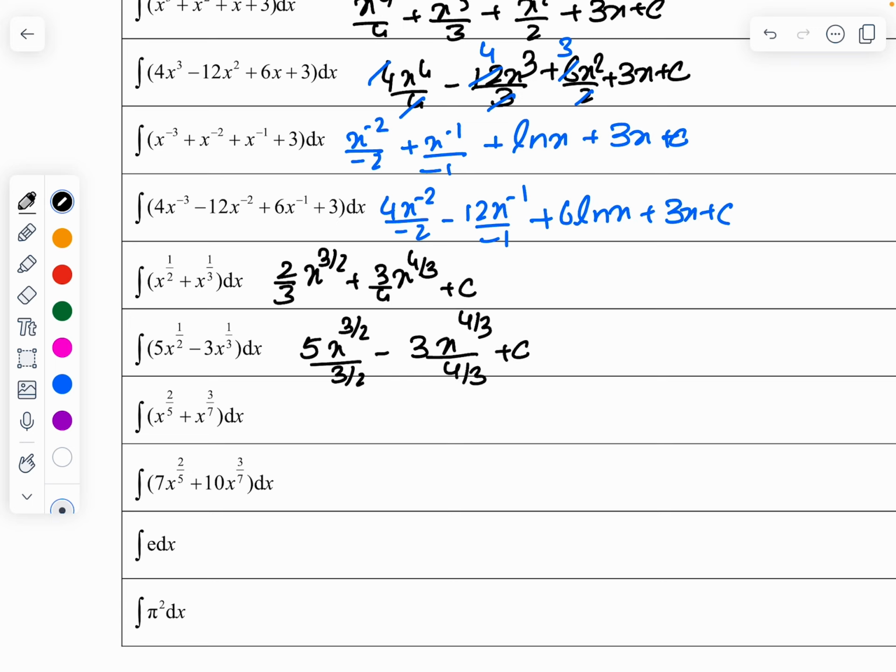When I try to simplify this, the answer becomes 10 upon 3 x power 3 upon 2 minus 9 upon 4 x power 4 upon 3 plus c. That's going to be the answer.